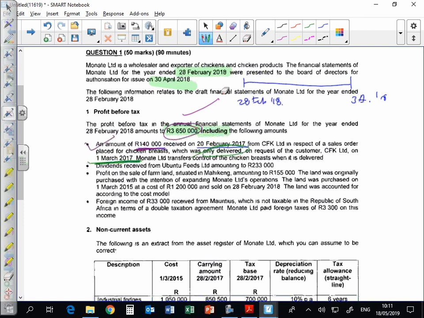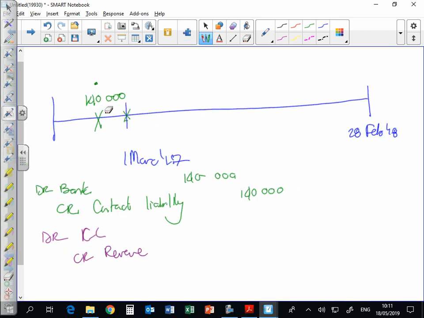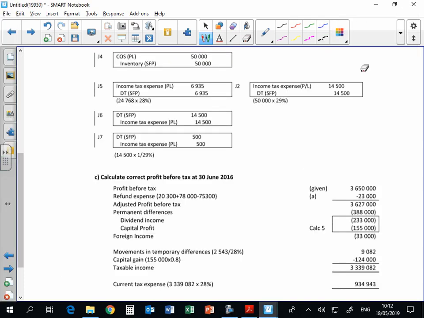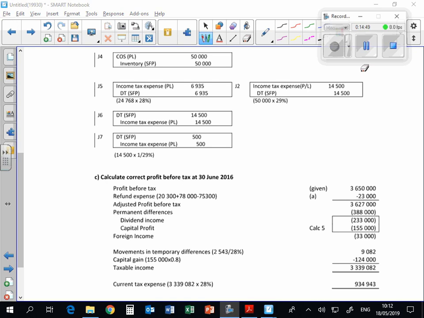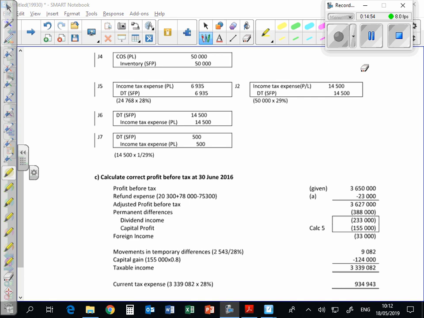Dividends received from Ubuntu feeds amounting to 233. We know that dividends are not actually taxable, so that needs to come out of our tax calculation. In terms of our tax calculation, we started with our profit before tax, and now we have that permanent difference, that is the dividend income.